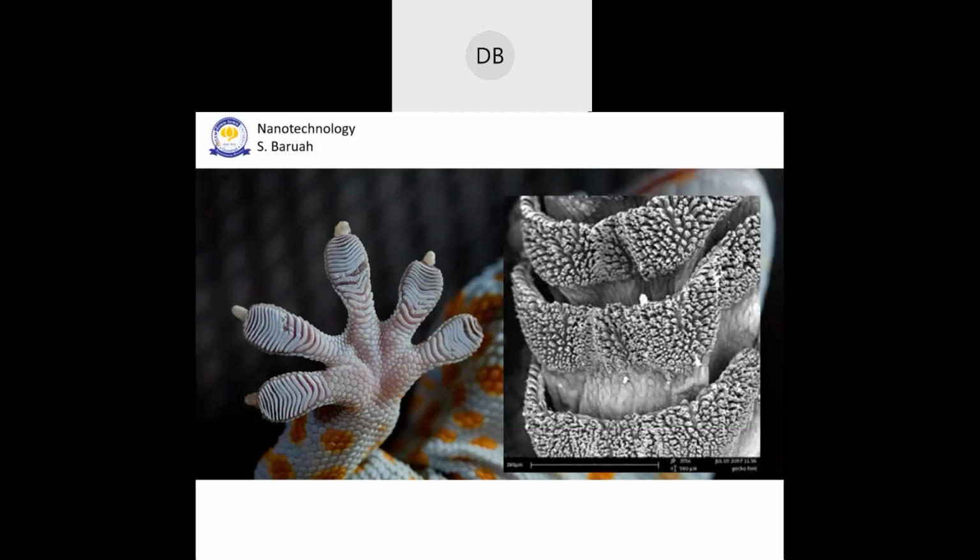These are small cups in nanometric sizes, and there are billions of them on the feet of these geckos. When they press, automatically the air inside the cup goes out and it sticks. So again, another example of nanostructures made by nature.